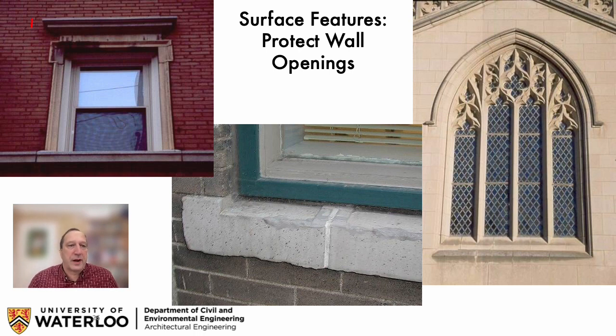So here you see on the upper left, building from Pennsylvania, very large head flashings or head details, eyebrows directing water out. National Cathedral here in Washington, D.C. So not as old as Europe, but following some of the traditions of Europe where water is directed down and then shed off the face of the building.